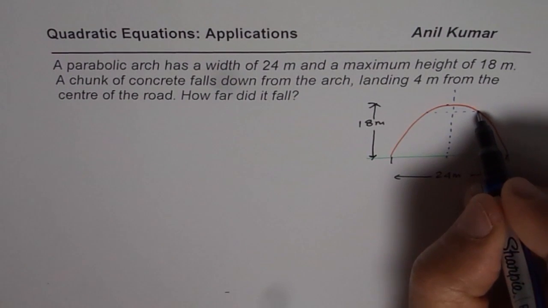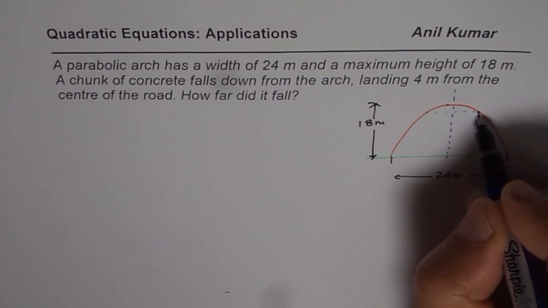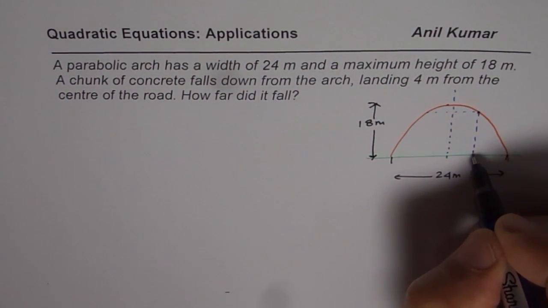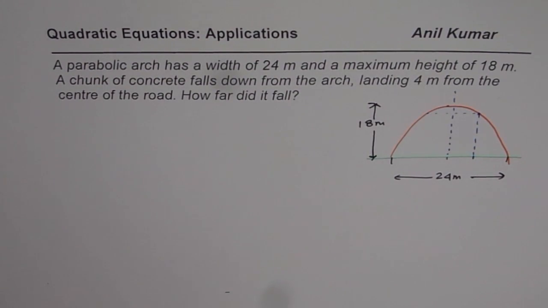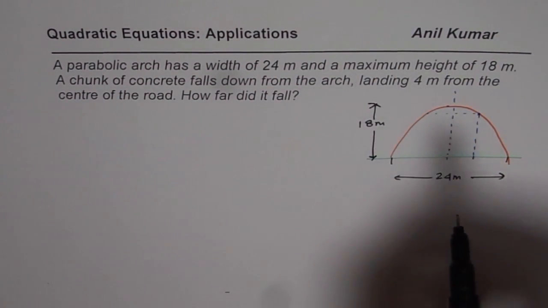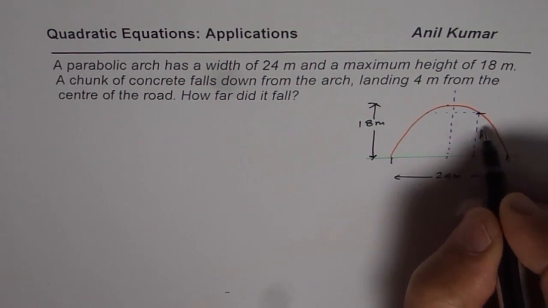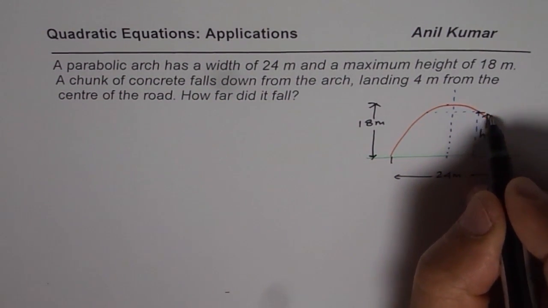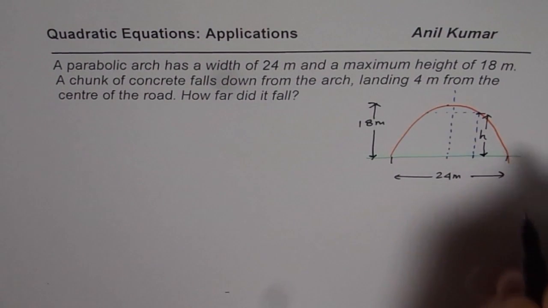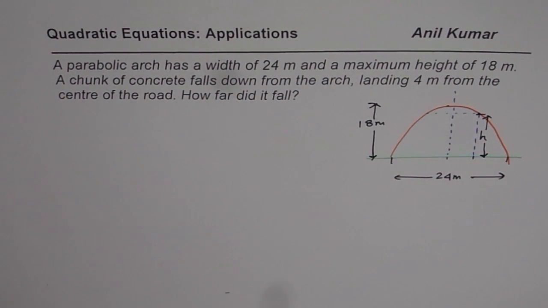So let us consider that it falls from this side. We need to find the height through which it has fallen. That means this height is what we need to find. I hope you understood the question. You can pause the video, answer, and then look into my suggestions.